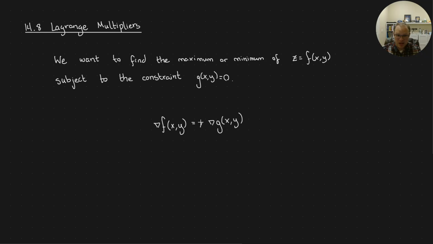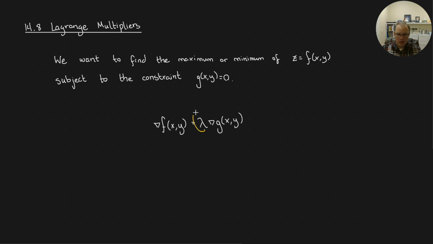So there should be some scalar lambda so that this equation holds true, so that they're scalar multiples of each other. Okay, this happens when we reach a maximum or minimum value of our function along our constraint equation. So this is a condition we want. If we satisfy this condition, it may mean that we have a maximum or minimum value at that point. Gives us a place to check.